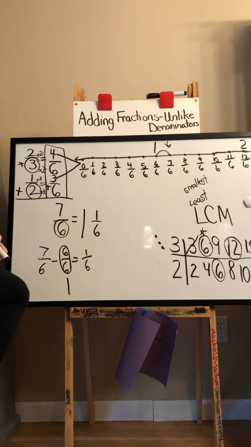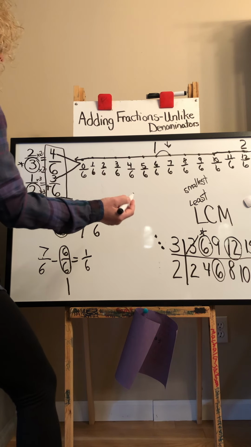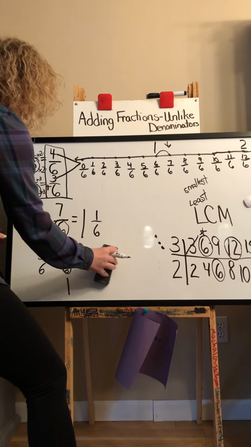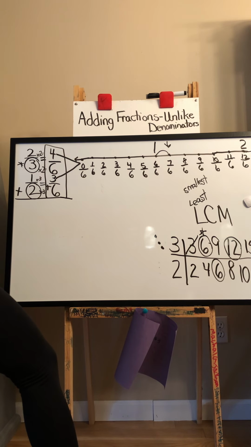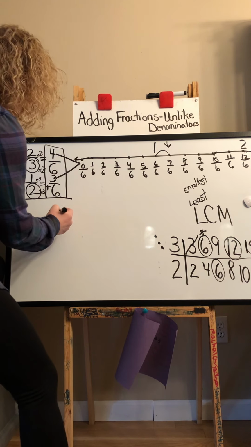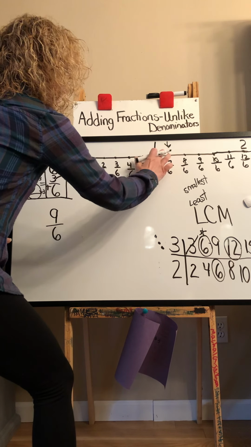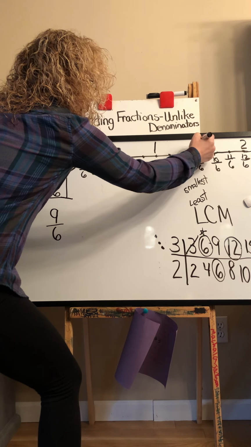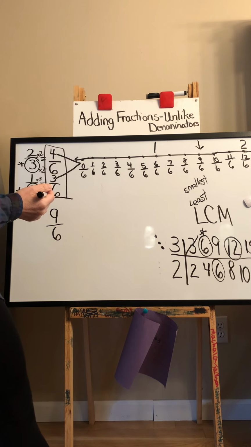1 and 1/6. Just to show how to do this again, what if our answer was 9/6 instead and we had to reduce it or find it in lowest terms?